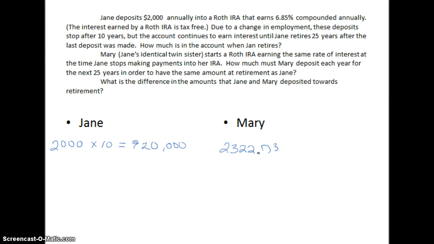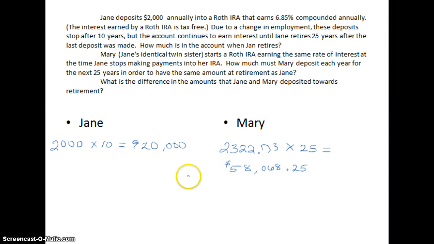And Mary, on the other hand, we had calculated needed to make payments of $2,322.73, and she needed to do that annually for 25 years. So I'm going to plug all that into my calculator, and I find out that Mary contributes $58,068.25.